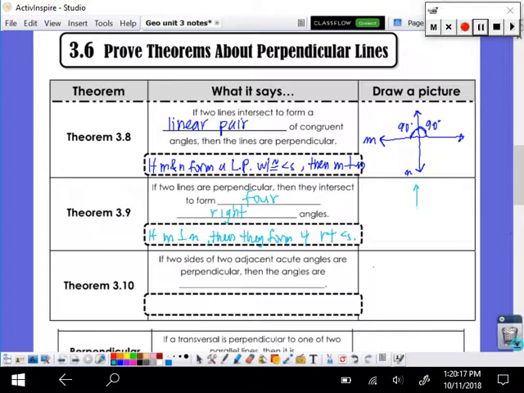So you've got M and N intersecting. We are told that M is perpendicular to N, so I know that all of these are right angles. Kind of funky to draw.